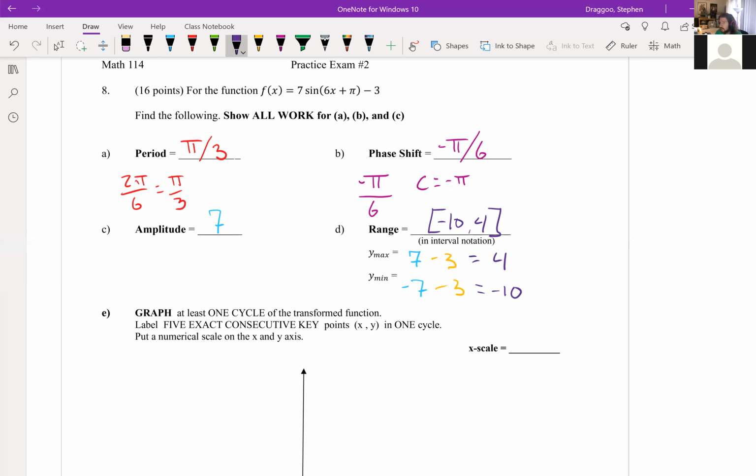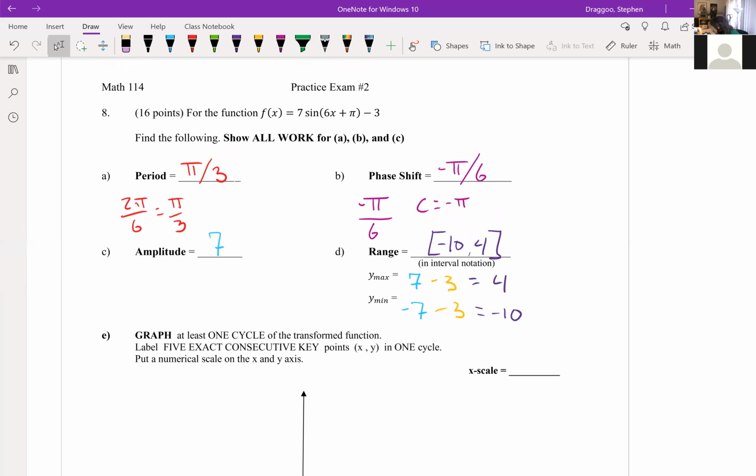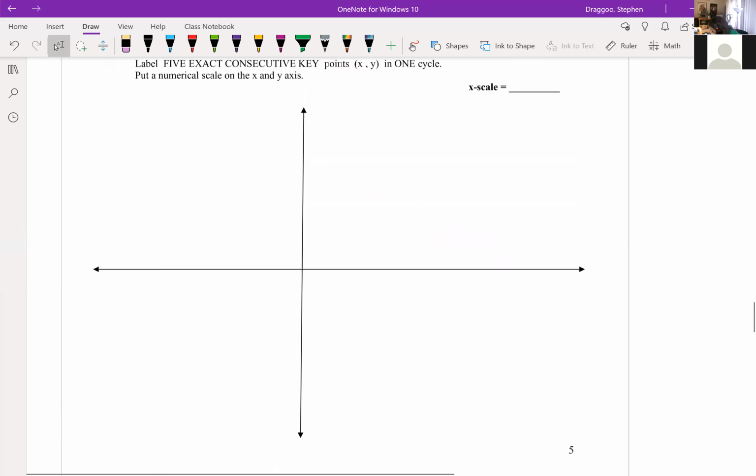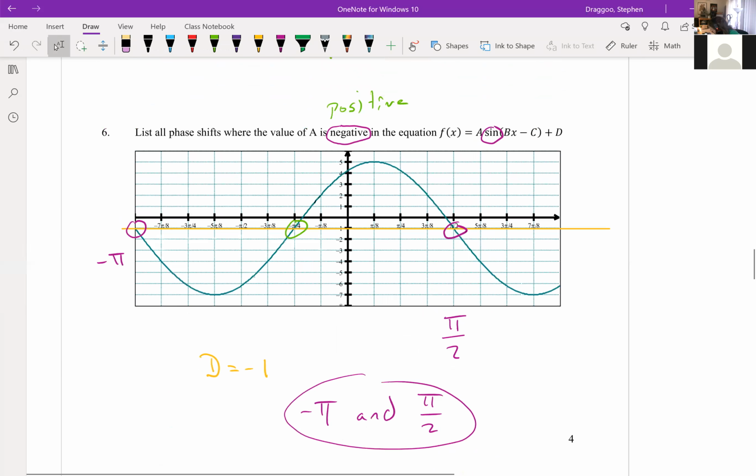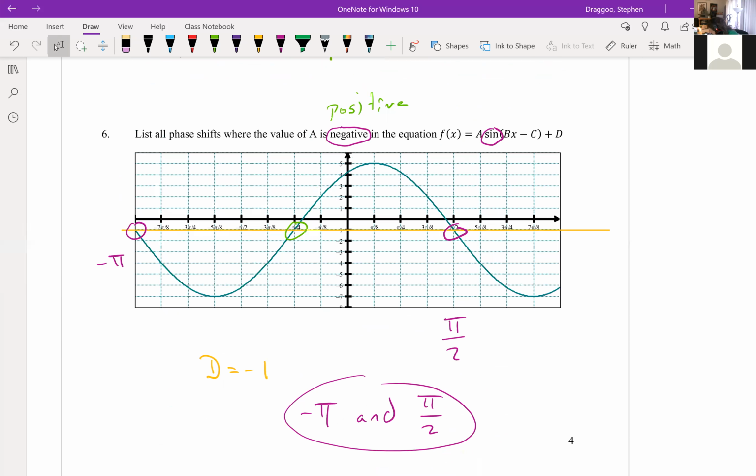So generally speaking, in our formula, it's always bx minus c. So c always has the opposite sign of whatever we see inside the function.